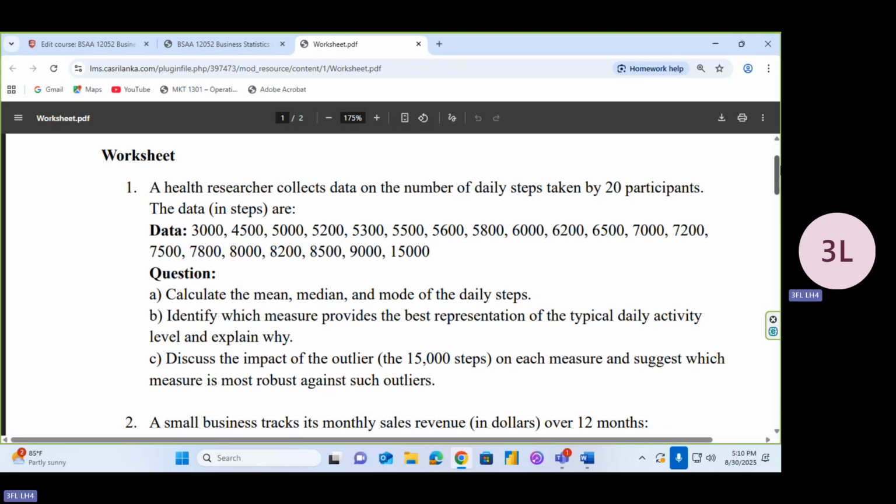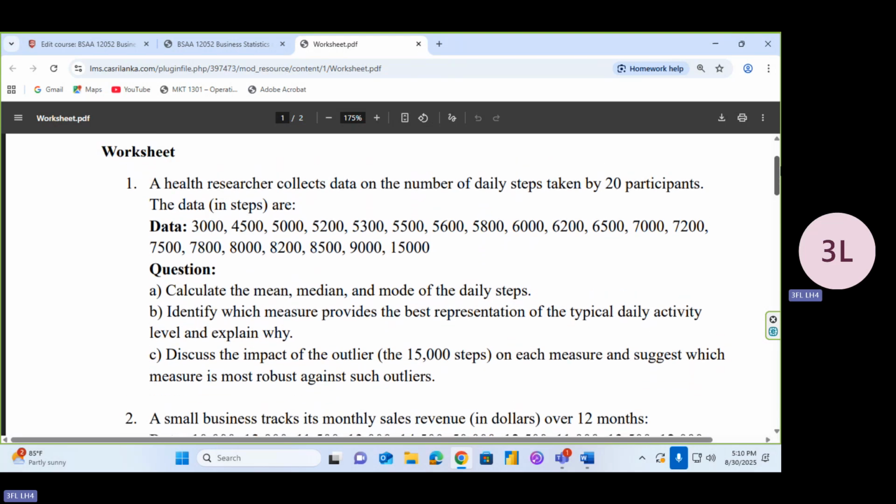Then move into the worksheet. Try question number 1. First do only part A. Then the B and C we will discuss. Write the answer for part A. Hurry up.